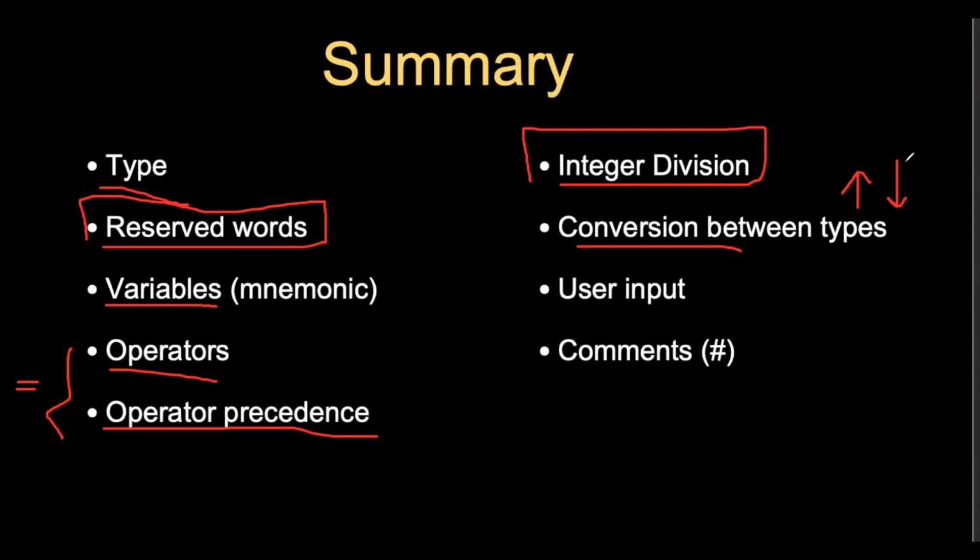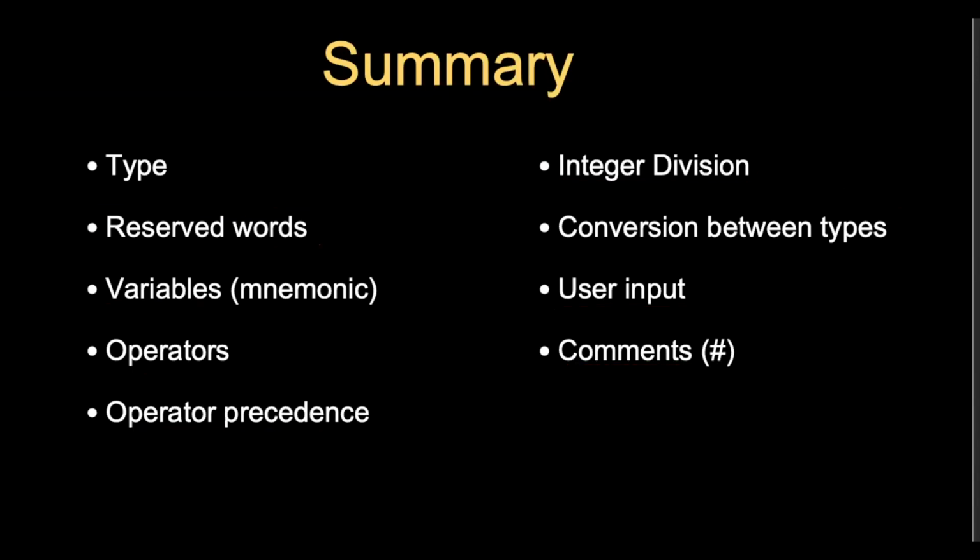Downcasting means I'm shrinking, truncating my float into an integer type. So upcast, downcast: one of them gives you a whole bunch of zero padding, and the other one reduces your precision. Then we talked briefly about user input as well as commentary. Okay, this marks the completion of my slides for today.